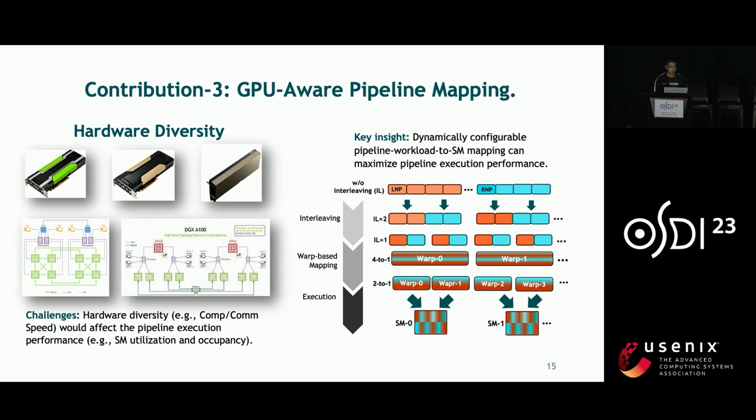And finally, we assign the individual warps to the stream processors for execution. So this is the last step, such that the actual pipeline can be executed on the GPU. For further optimization, including the intelligent runtime design and the specialized memory optimization and design, please refer to our papers.